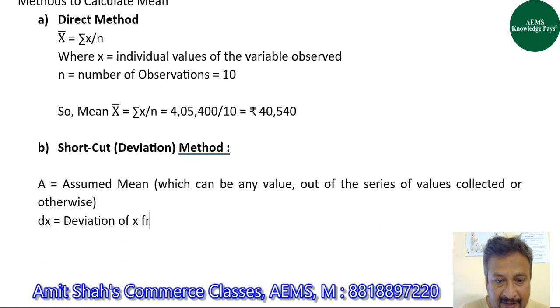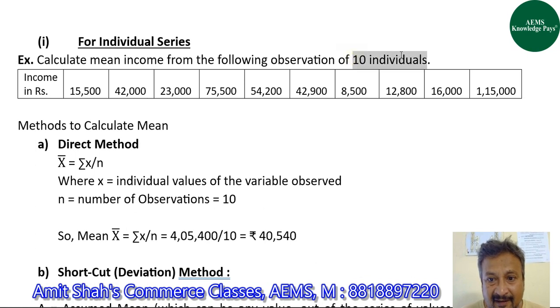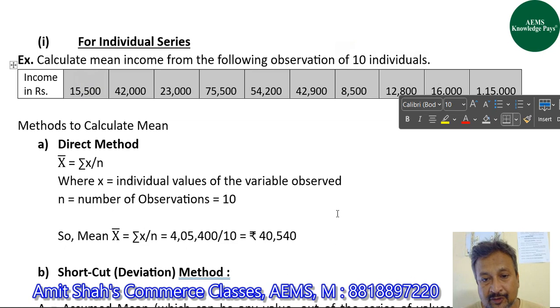So the deviation of x from the assumed mean, that is A, means x minus A. This is what we have to calculate here, and that will be called dx. And obviously, you know n is the number of observations. So the number of observations here is 10, 10 individuals. So these are 10 values.